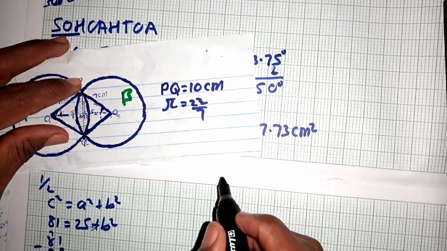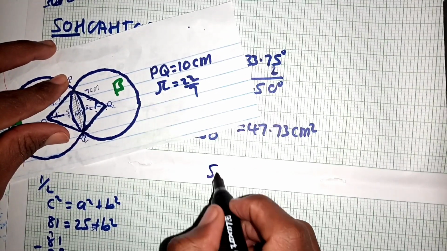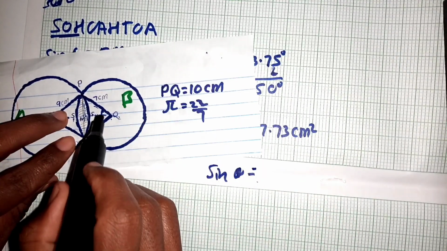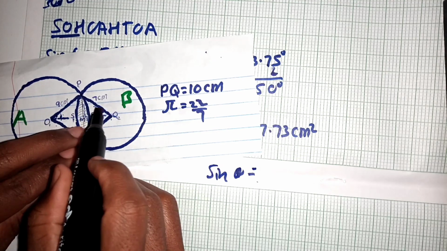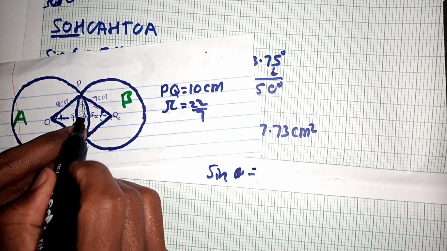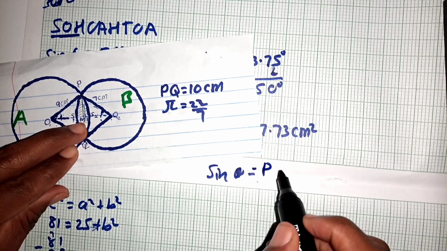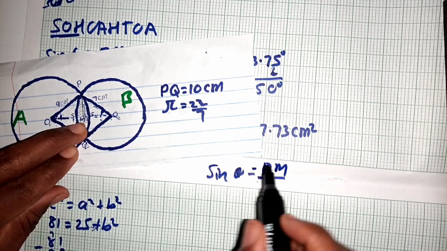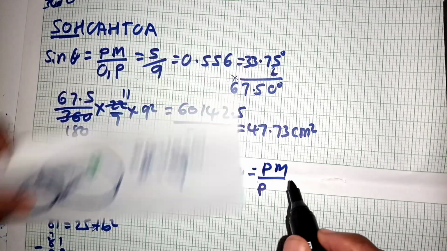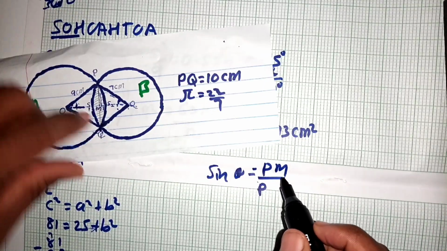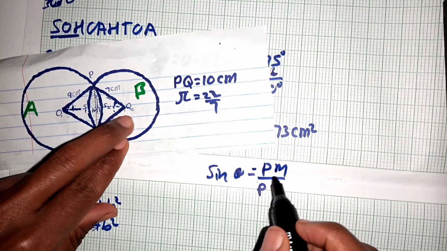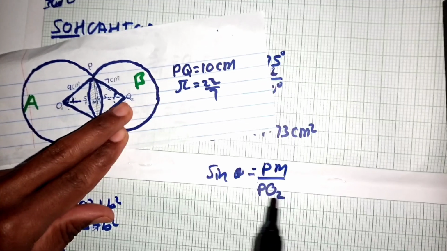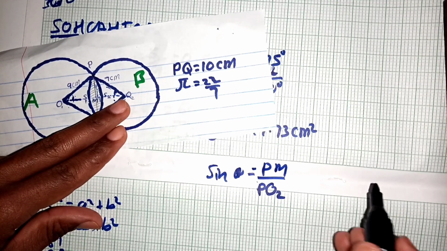So sine theta is equals to opposite, which is PM, over hypotenuse. Hypotenuse is O2P, like that, or O2P is the same.